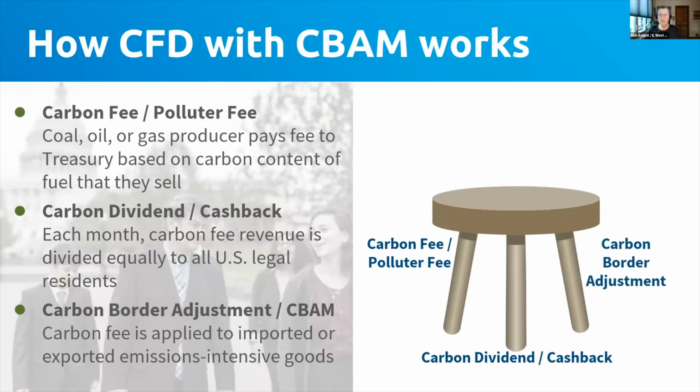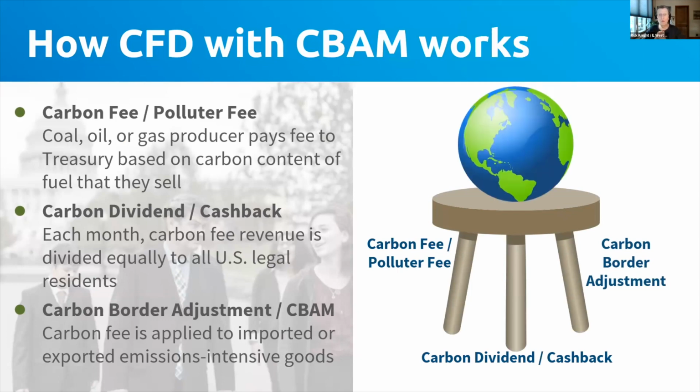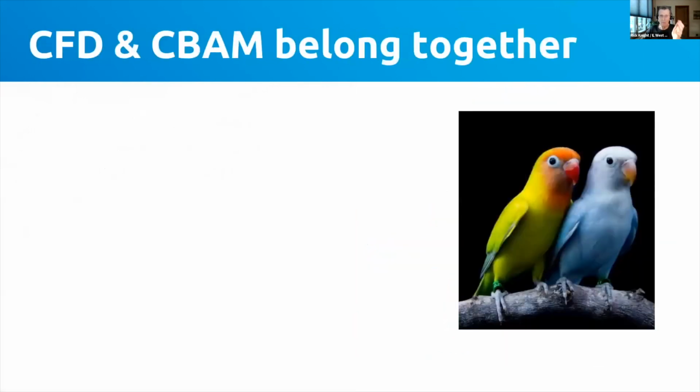Those are what constitute the 3-legged stool that drives investment away from fossil energy and into clean alternatives. But the question could be raised as to why the CBAM is a necessary part. Why is it important to link CBAM to these other components? And well, the truth is that the carbon fee and dividend and the CBAM, they do belong together. And Dana went into this a bit.